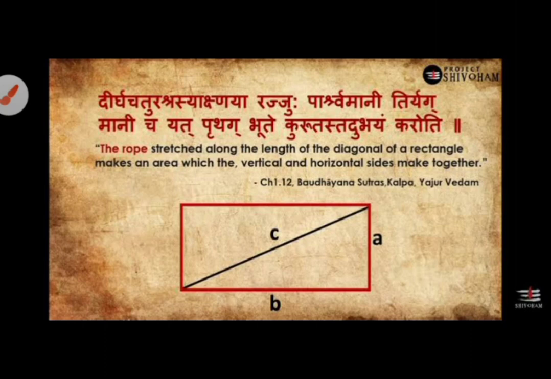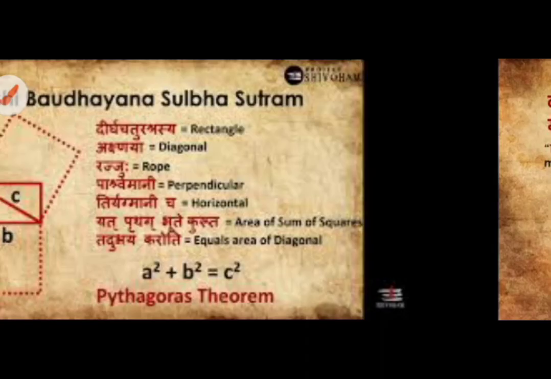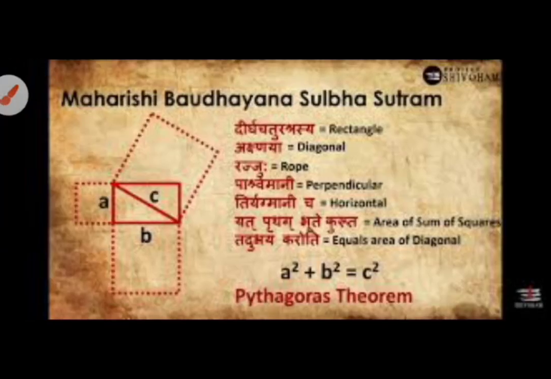Parshavani is the vertical side and Tiryagamani is the horizontal side. Cha yat prithak, if you square it, bhute summet karuta dubhyam, if you sum both, karoti. Okay, so you will get the square.